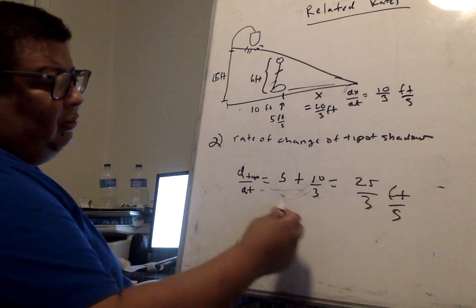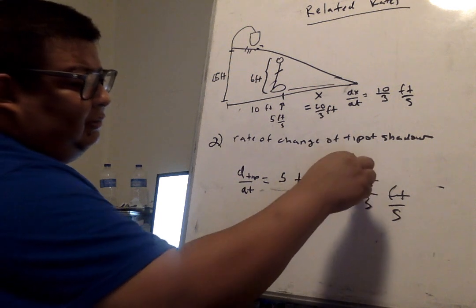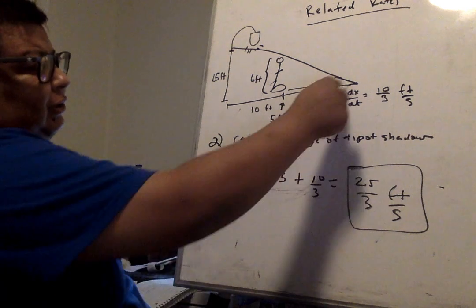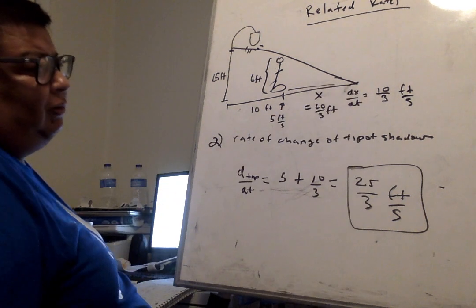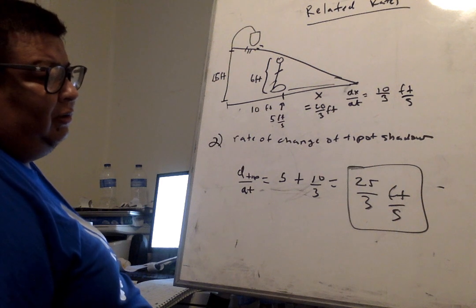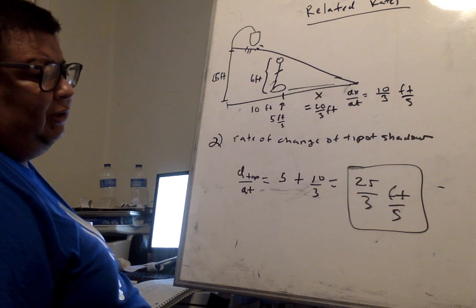Okay, and that's the final answer. So at this tip here, that's the rate, 25 over 3 feet per second.